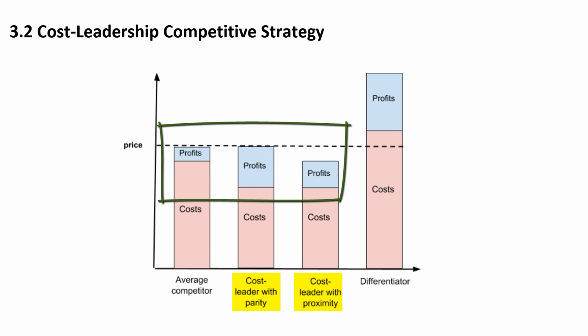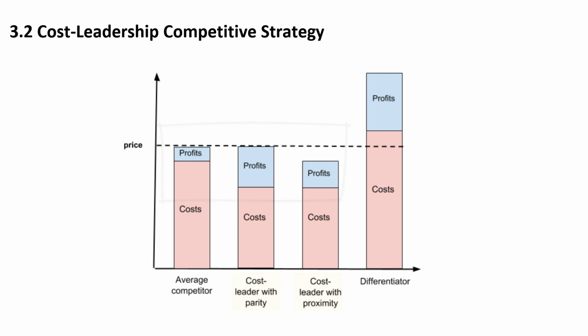Now, cost leader with proximity has equally low costs of producing. However, this product is of lower quality as perceived by customers, hence he needs to charge lower price than both the average competitor and the cost leader with parity. This is an example of how it looks like in a real market.